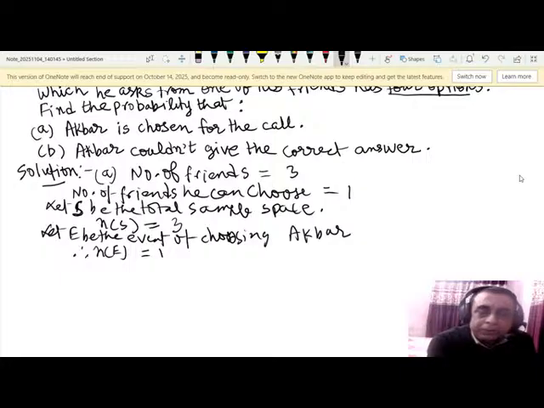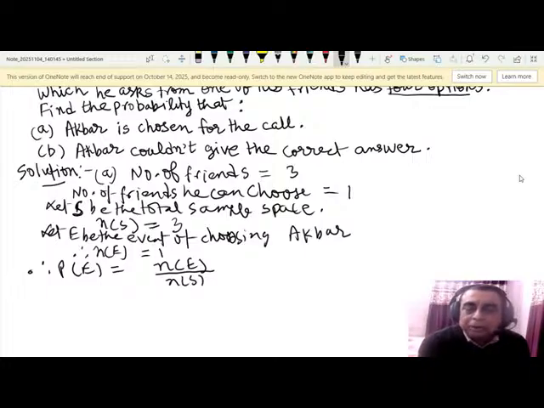So the probability of choosing Akbar for the lifeline is n(E) upon n(S), that is, the number of choices favorable to the event divided by all possible choices. So it is 1 upon 3.